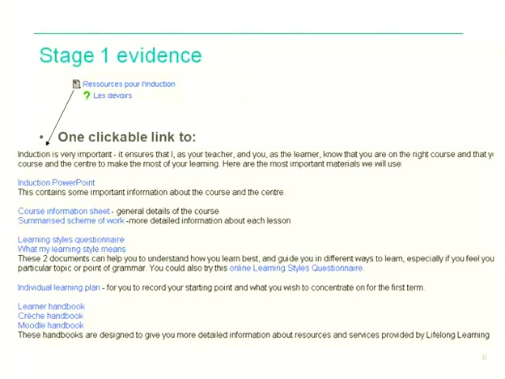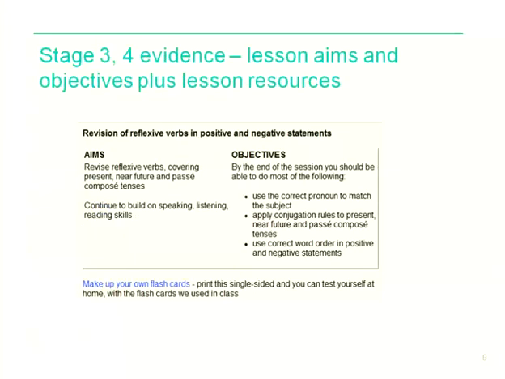And all that the tutor would need to do is put in their own course information sheet and a summarised scheme of work if they've got one. But everything else is already there, all loaded up with all of our service documents. And then we also use it to put up aims and objectives.